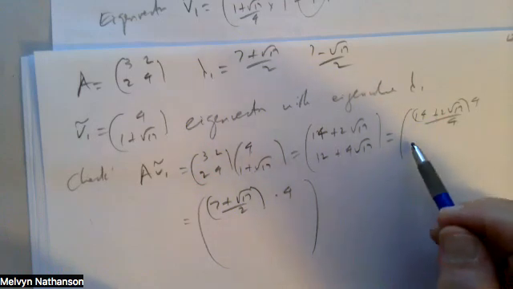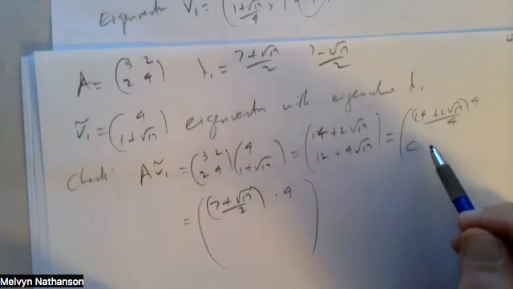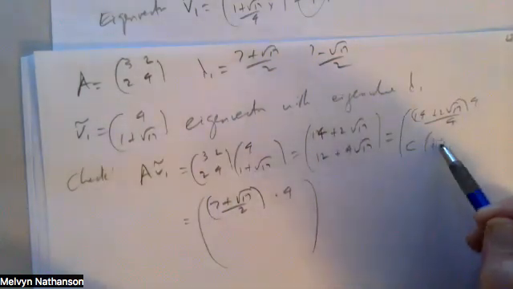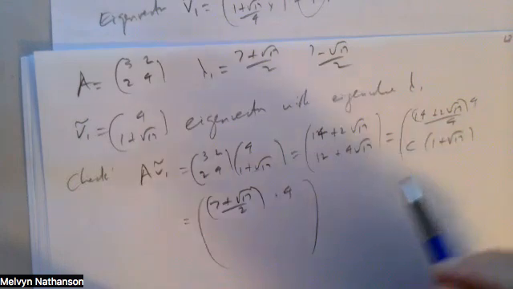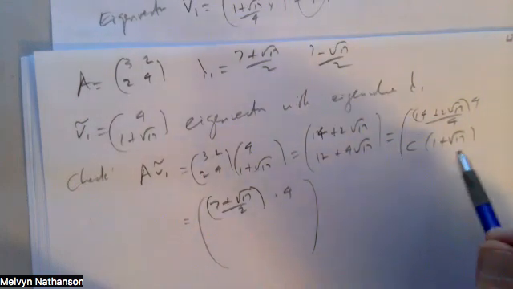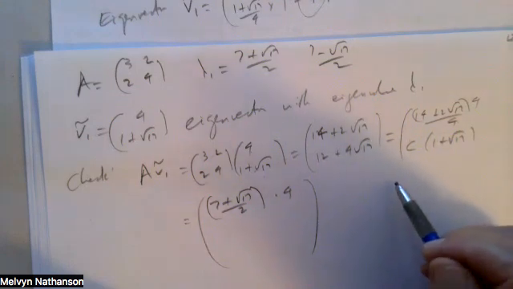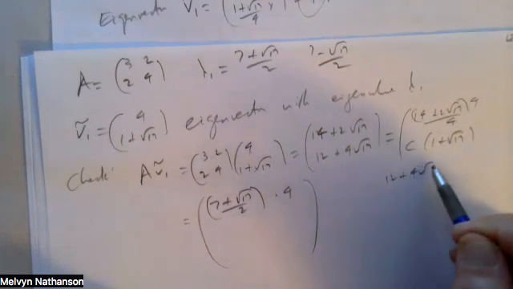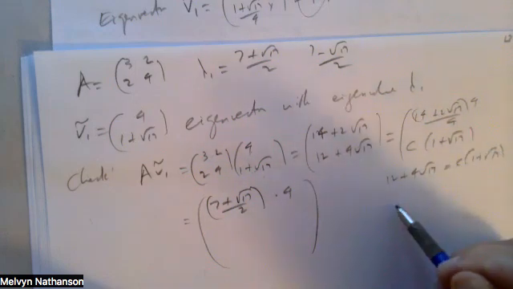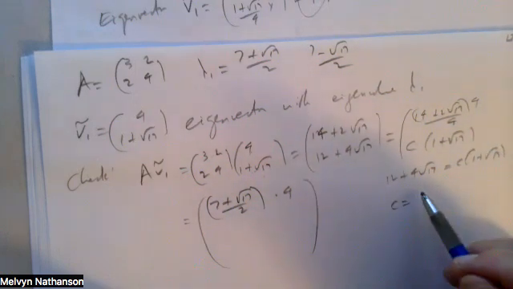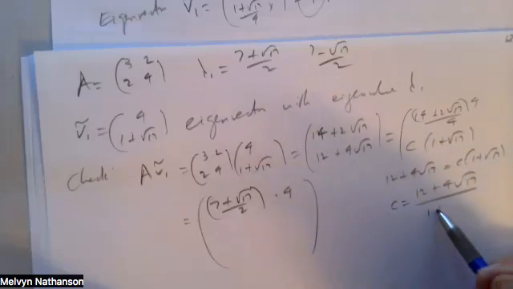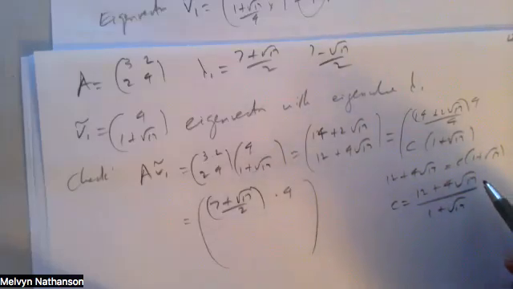Let's call it some number C. I hope it's C times 1 plus root 17. So 12 plus 4 root 17 is C times 1 plus root 17, so C is equal to 12 plus 4 root 17 over 1 plus root 17.